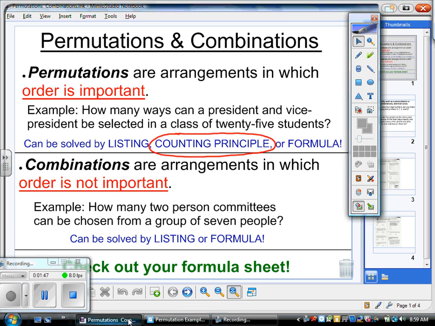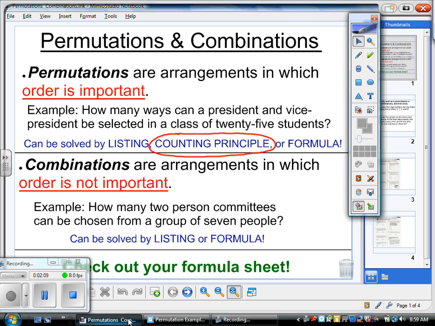There is also a formula. Again, the formula is a nice way to solve, but there are some restrictions with the formula and some situations where the formula is not able to be used and applied exactly the way it is. So again, the counting principle, in my opinion, is the best and the way we will end up working.